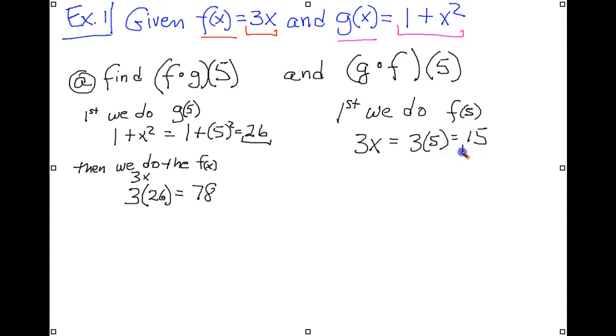We now apply the 15 into our g function, which is 1 plus x squared, and that will be 1, and our x value is 15. Well, let's put the value there.